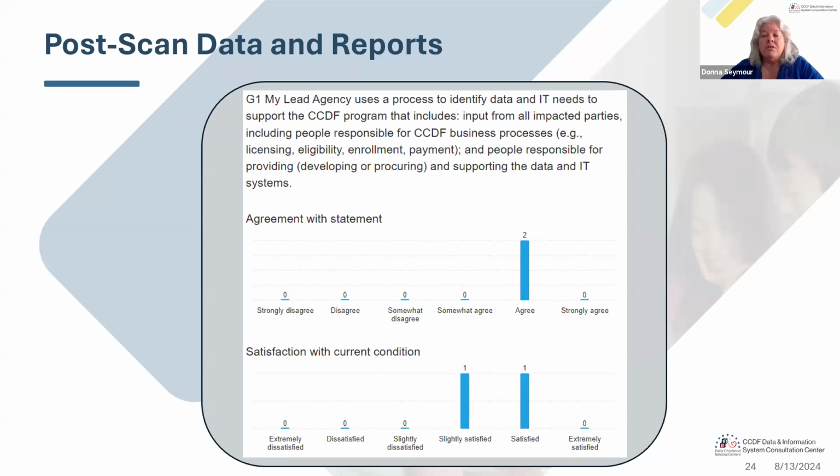We can analyze questions very deeply to understand various filters from other questions based on agreement or satisfaction levels, or by state population or territory population, by licensing or QRIS approaches, or a wide variety of other metrics that can provide unique insights. The report may provide information about where your lead agency is in relation to other responses.